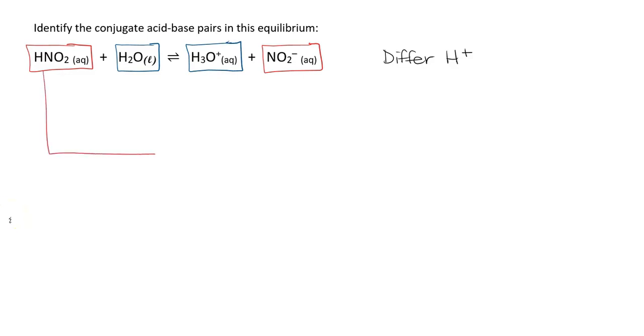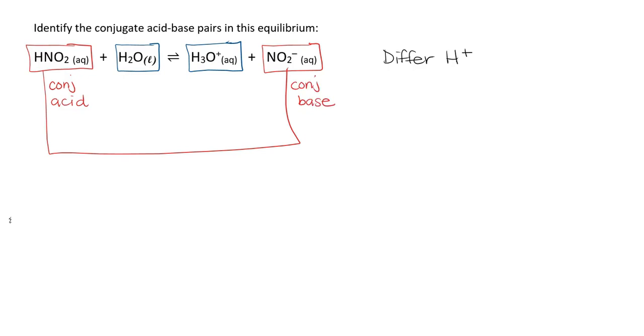So in my first pair, the more protonated form will be the conjugate acid, and more protonated means it has the extra H plus attached to it. So the conjugate acid in this pair will be the HNO2 because it has one more H and one more plus compared to nitrite. So nitrite will be the conjugate base.